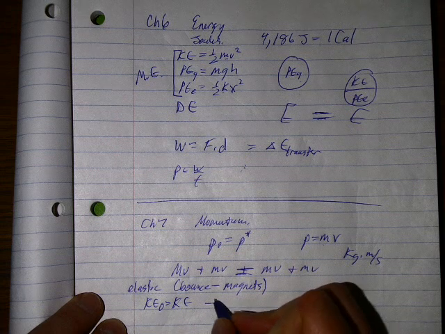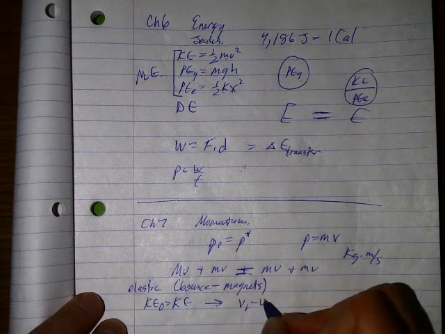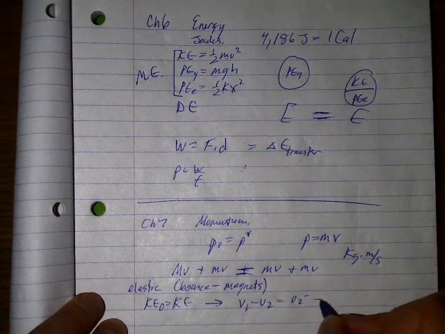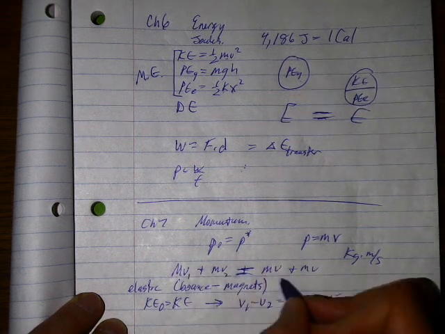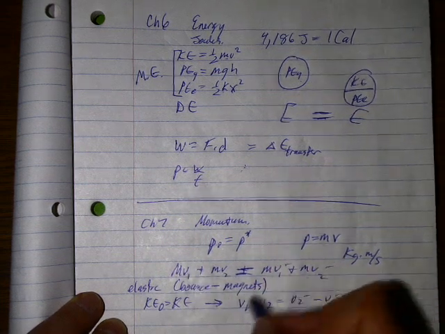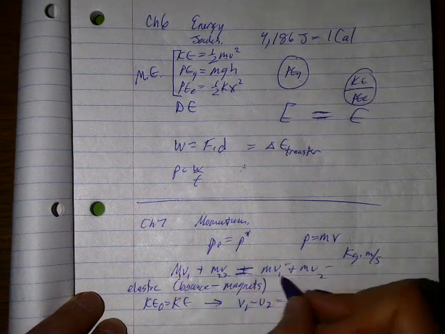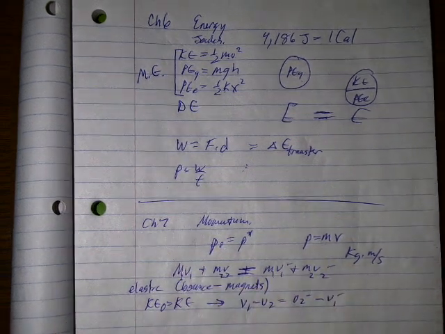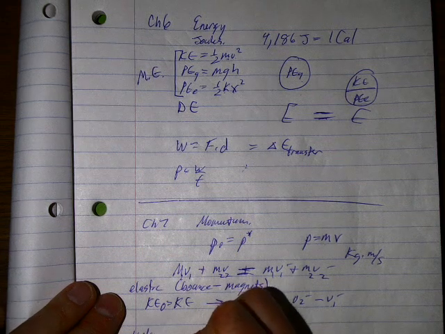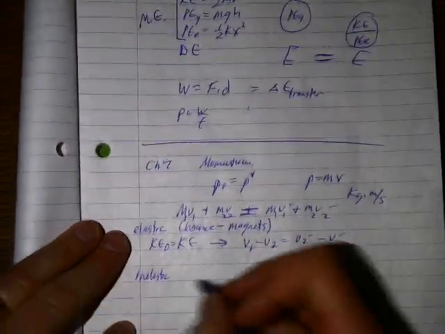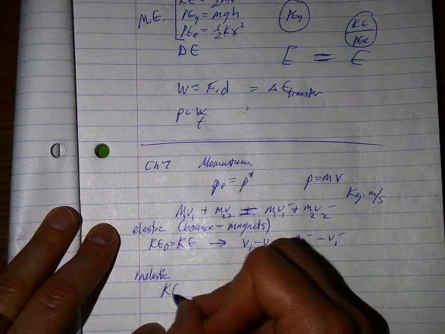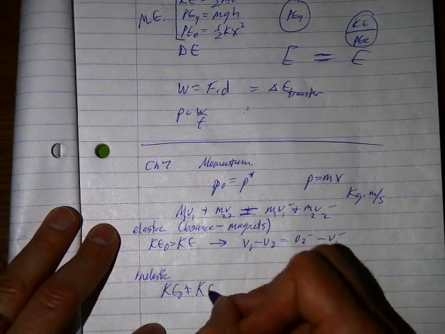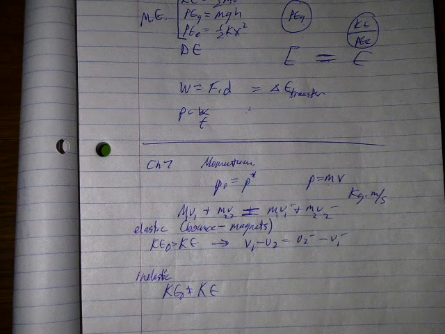When this was true, it also meant we could say V1 minus V2 equals V2 prime minus V1 prime. I didn't do all the 1s and 2s up here. Okay, now it's complete. We also had an inelastic collision. An inelastic collision meant that kinetic energy is not conserved. That's the definition. So there's some kind of dissipated energy happening.